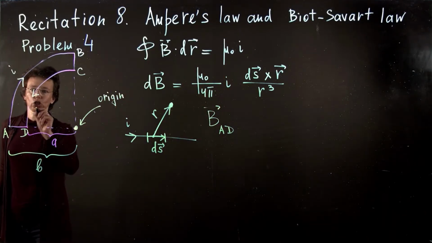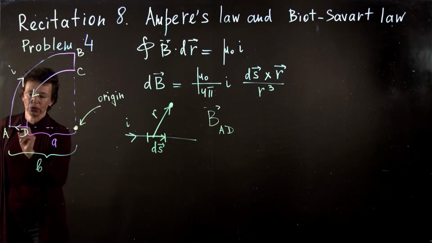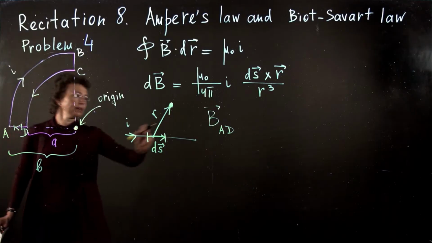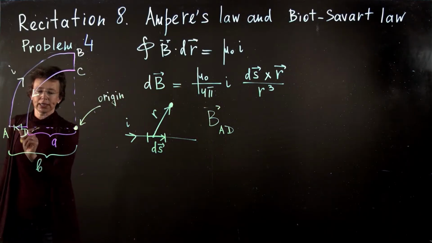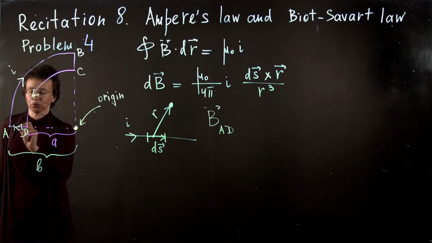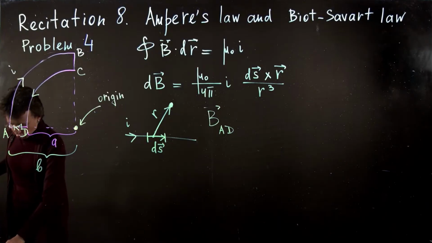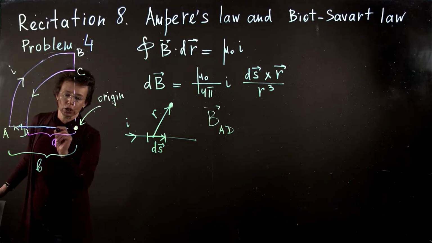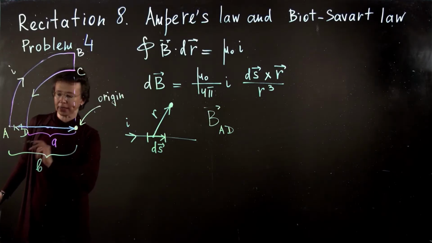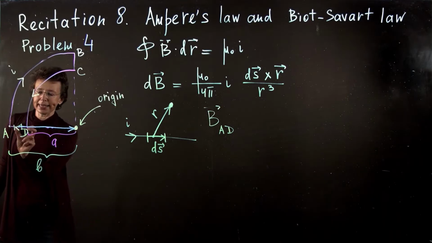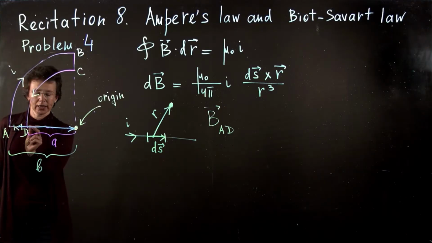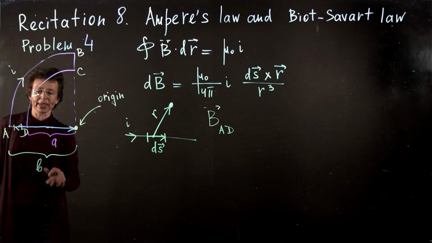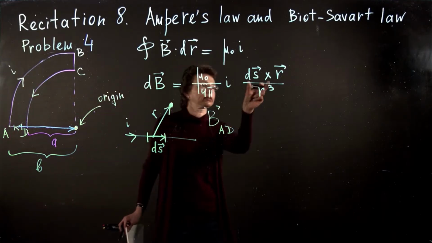So we have current that is flowing this way to the left. This is my ds in this formula. What is my r? r is from this segment to the point where we are looking for the magnetic field. So this is my r. ds is along r. It is in the opposite direction, but they are entirely parallel to each other.